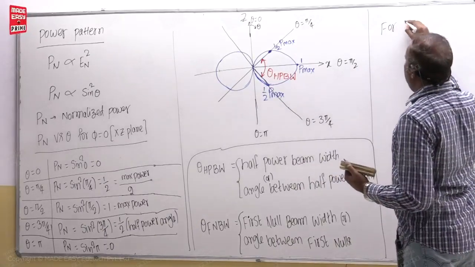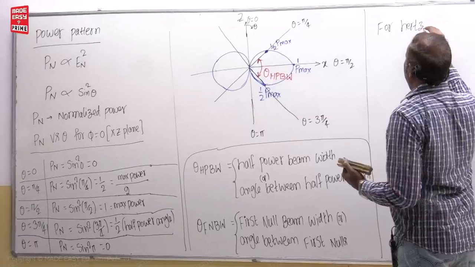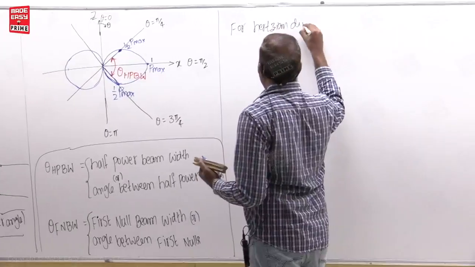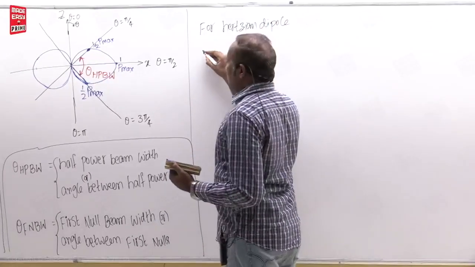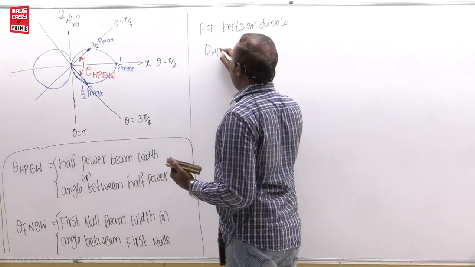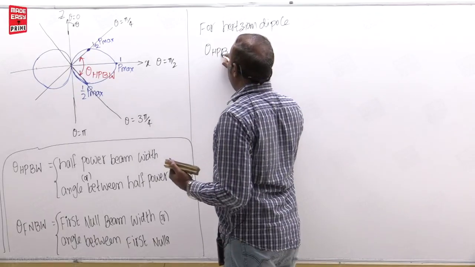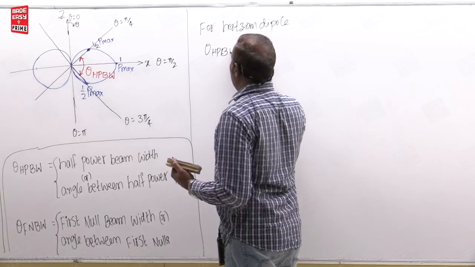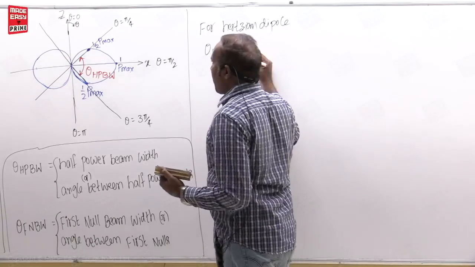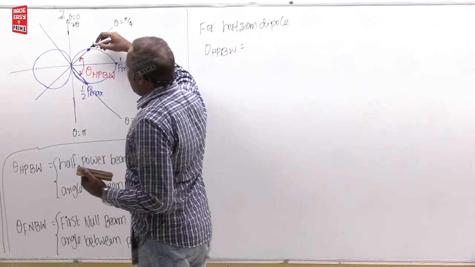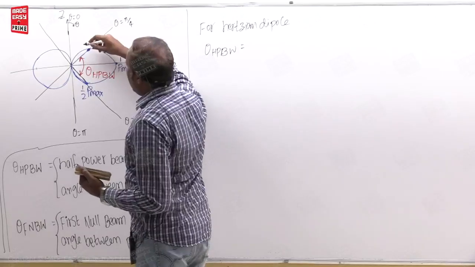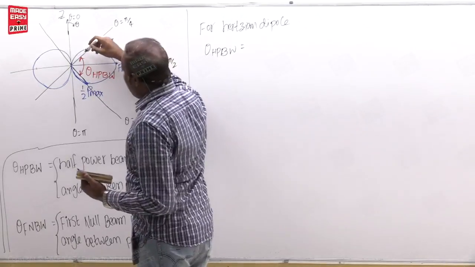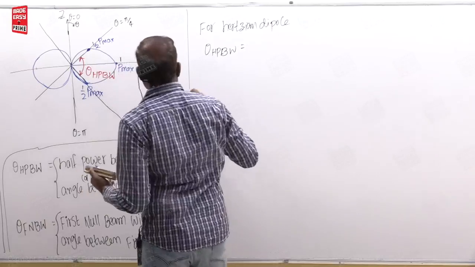For Hertzian dipole, half power beam width is equal to... Here, this angle is 45, and from here to here the angle is 135.